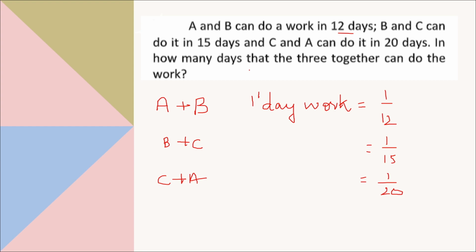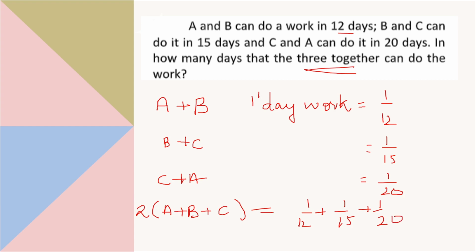Now what are they saying over there? In how many days can the three together do it? So what do I do over there? We have written each twice, na? So what do I do over there? 2 into A plus B plus C. Their one day's work will be 1 upon 12 plus 1 upon 15 plus 1 upon 20.